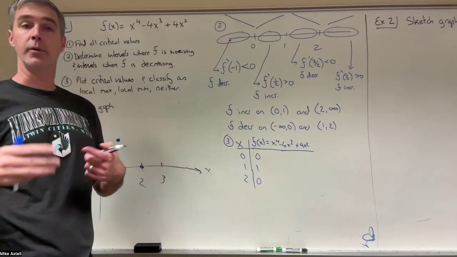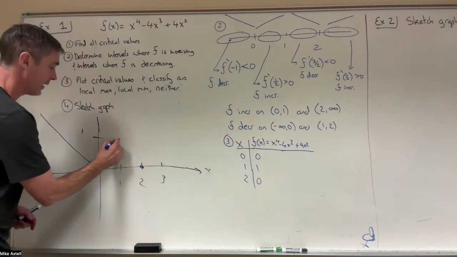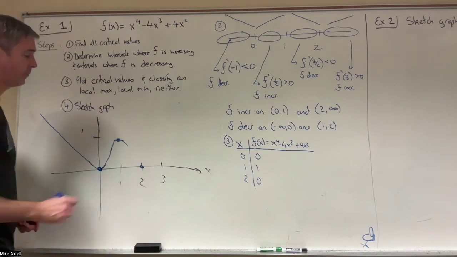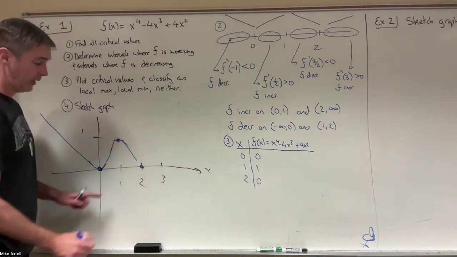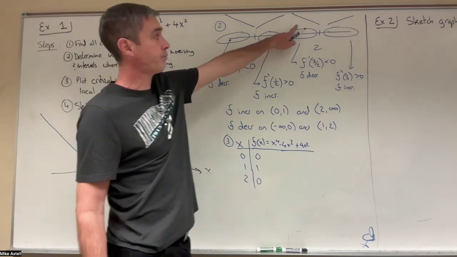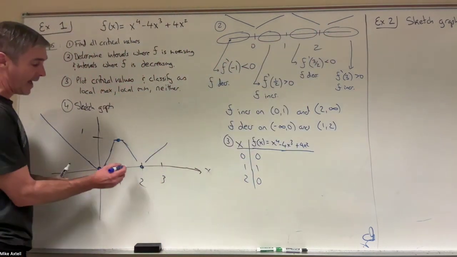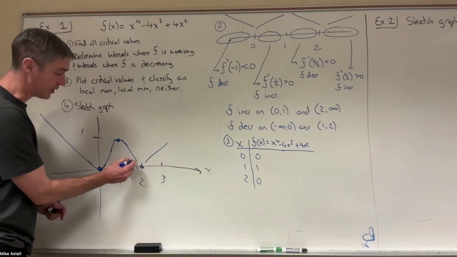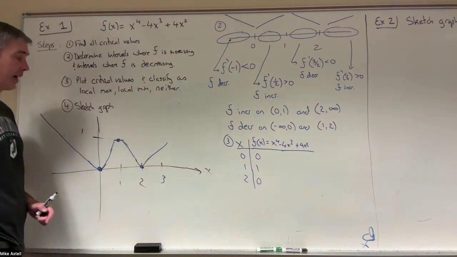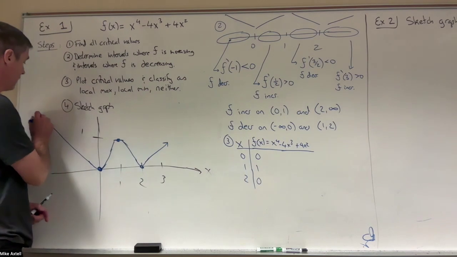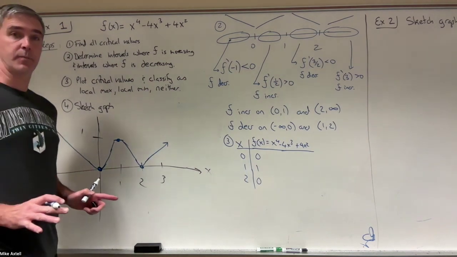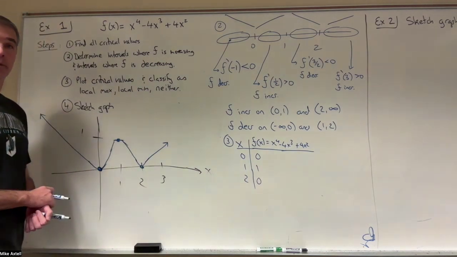The derivative at the critical points was 0 in this case. So I've got a nice flat behavior at 1. And then I'm decreasing until I get to 2. And after 2, I'm increasing. At 2, the derivative was 0 again, so I need to flatten that out, okay? So there is, roughly speaking, the graph of f.